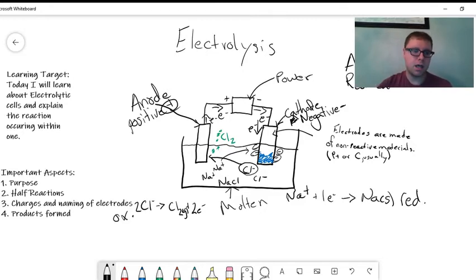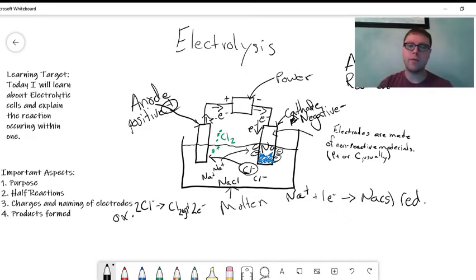Okay? So in this, the purpose was, as we go back through all of this, and I'll use my cursor so you can see it, we started with molten NaCl, okay, which became ions. We used a power supply in order to separate those ions so that we could get pure substances, okay? So over here on the right, this blue, we end up with just solid Na, okay?